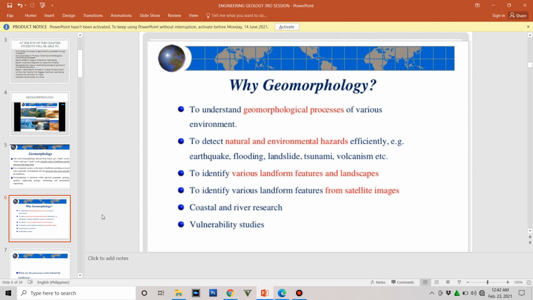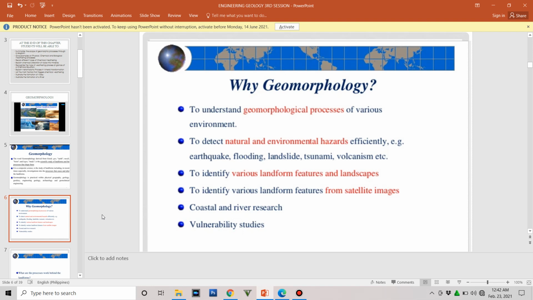Then to identify also various landform features from the satellite images. Then coastal and river research and vulnerability study. So geomorphology is not only taken on site itself, but it can also be interpreted from the top view.